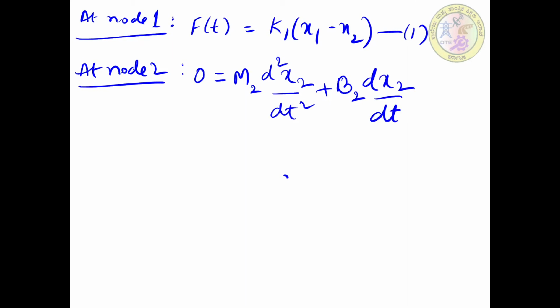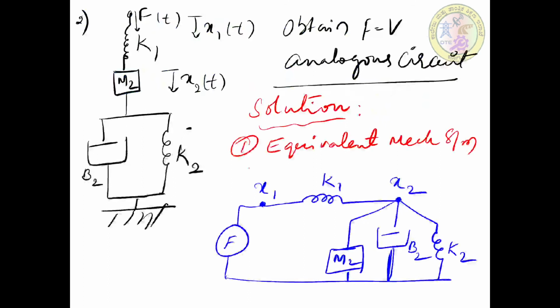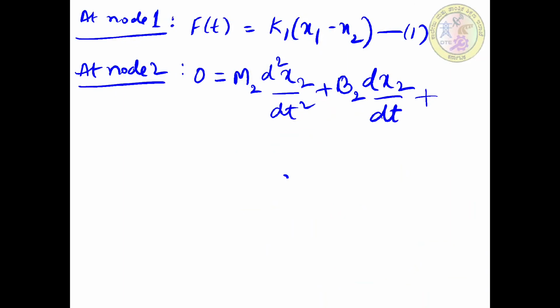Mass is over, b is over, then there is k, but before k I include k1 because it comes between the x1 and x2 nodes. So plus k1 into x2 minus x1.